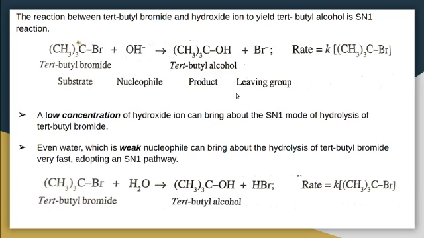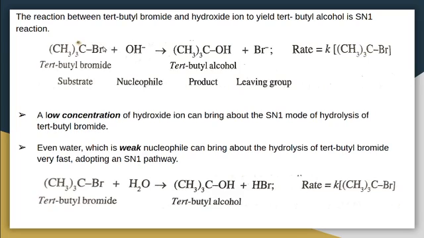In the previous slide, we discussed the hydrolysis of tertiary butyl bromide with OH minus. The substrate is tertiary butyl bromide, the nucleophile is OH minus, and we get tertiary butyl alcohol and bromide ion. Bromide ion is the leaving group.